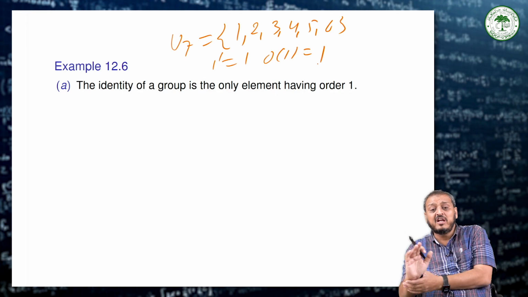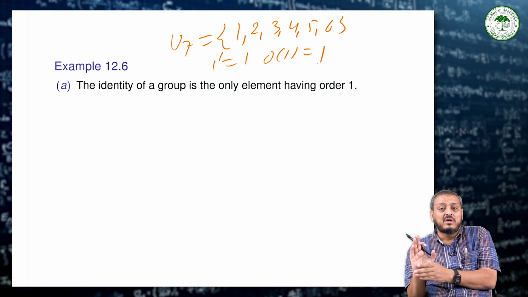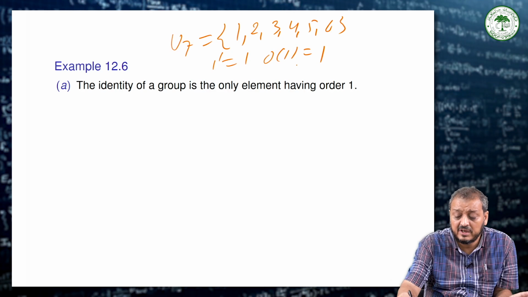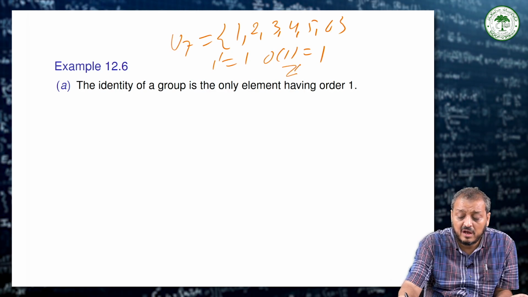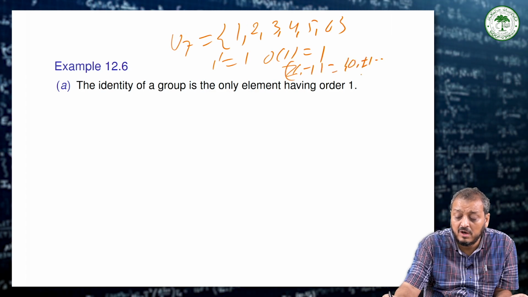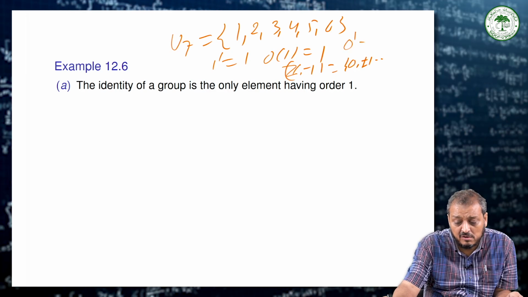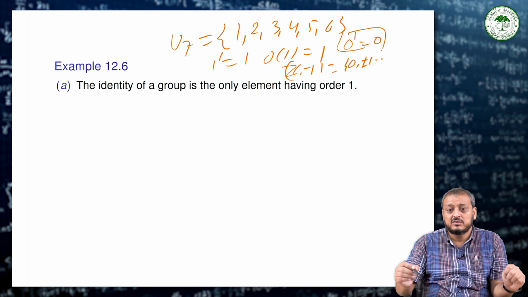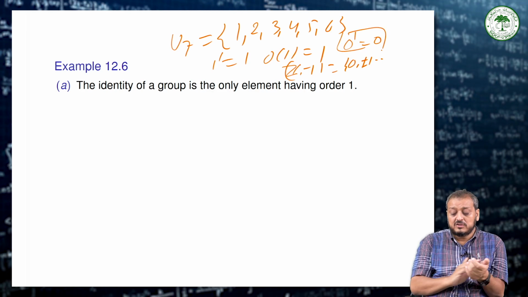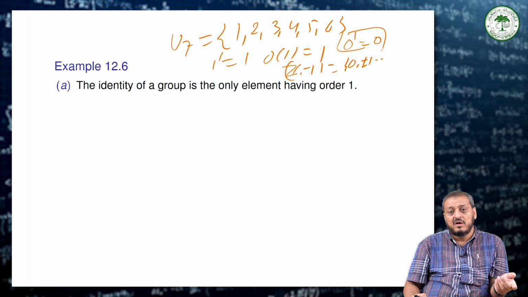If you take the set of integers under addition, 0 to the power 1 means 0, giving the identity element, so clearly the order of this is 1. So the identity element of a group is the only element having order 1.